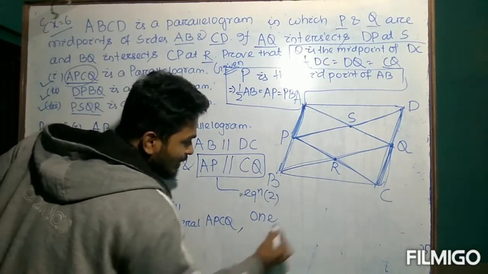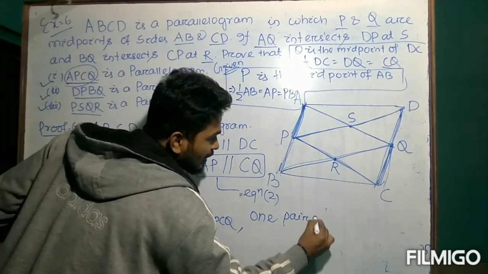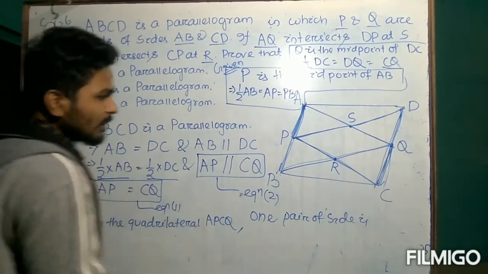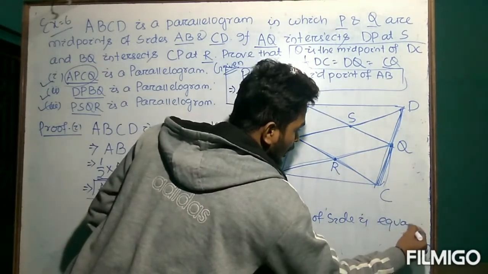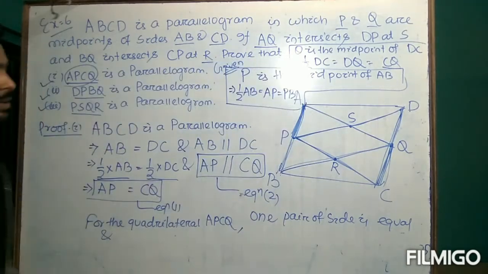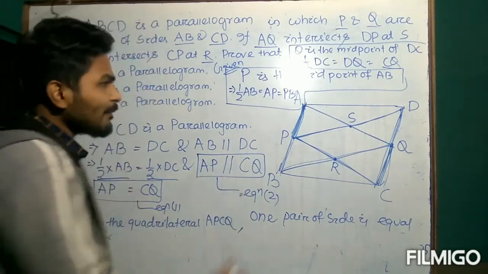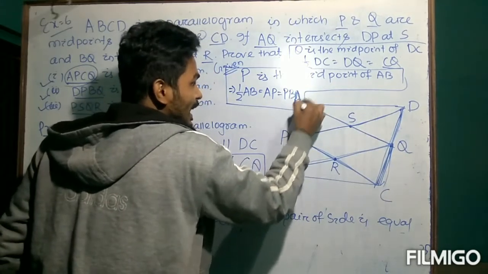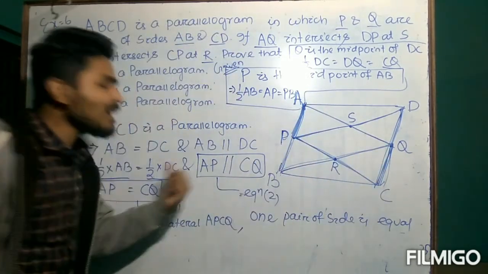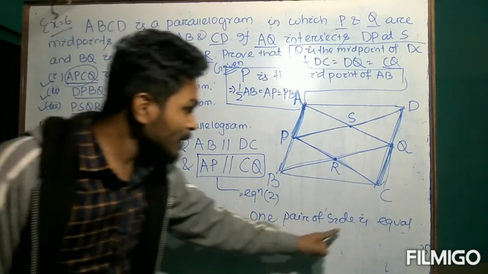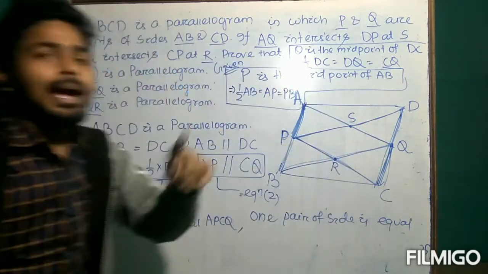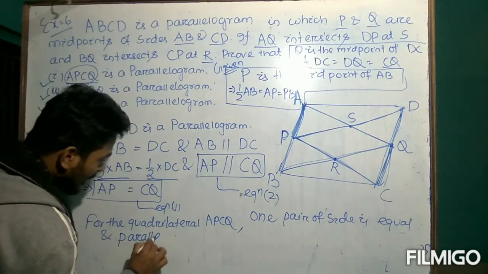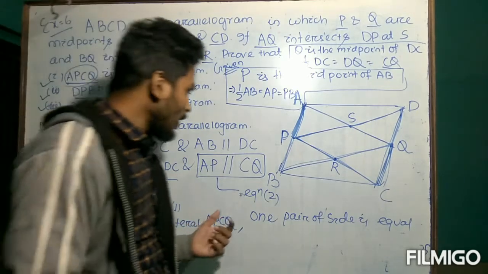So one pair of sides is equal. And in equation number 2, what do we have got? They are also parallel. So one pair of sides is equal and parallel. Do you got my point?